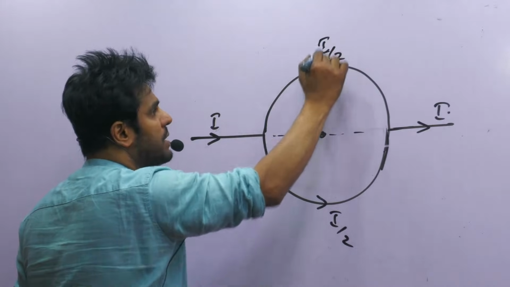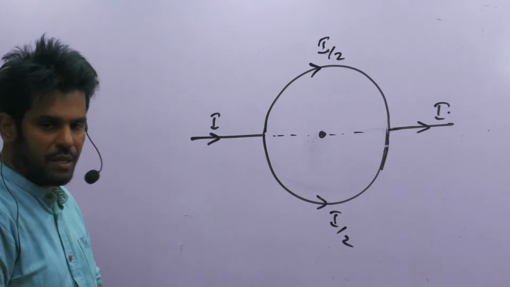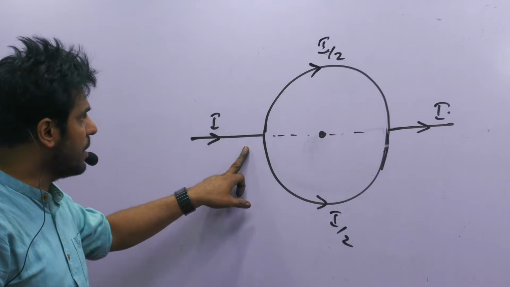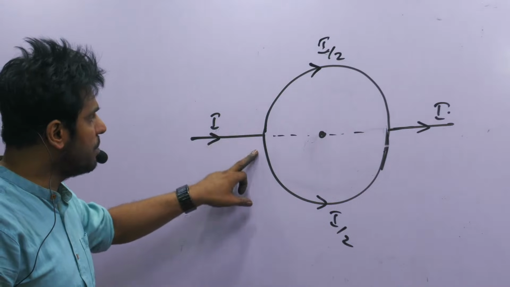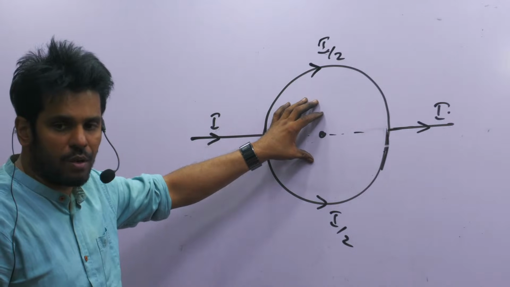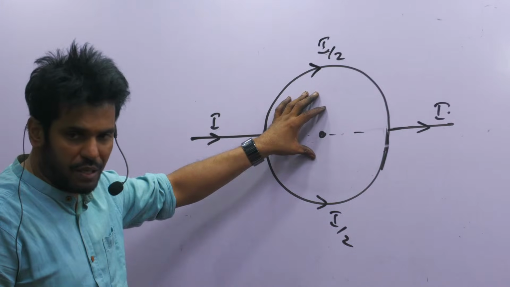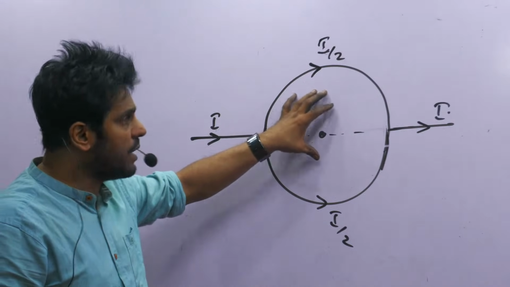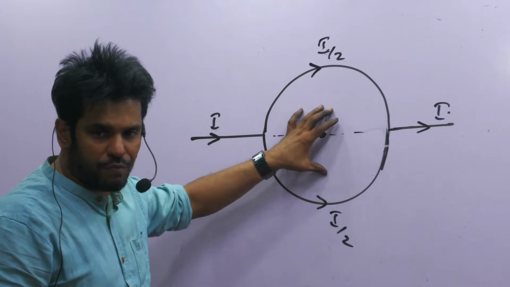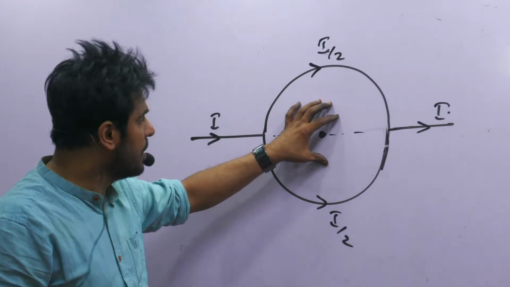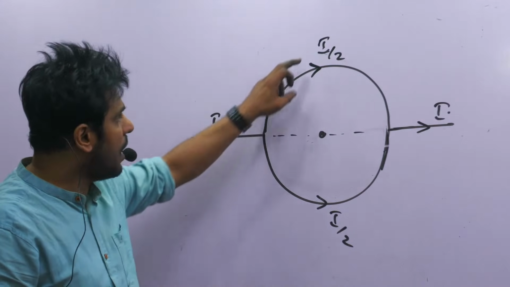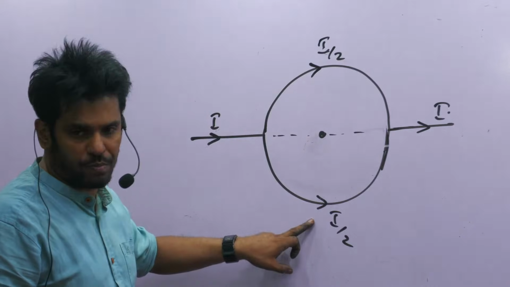That is very easy to understand. So if the parts are identical, you have to divide the current in equal portions: I comes here, I divided by 2, I divided by 2.